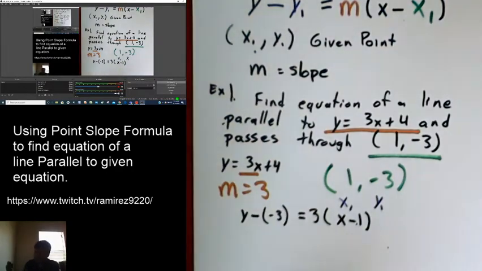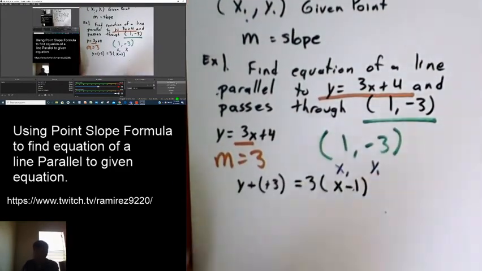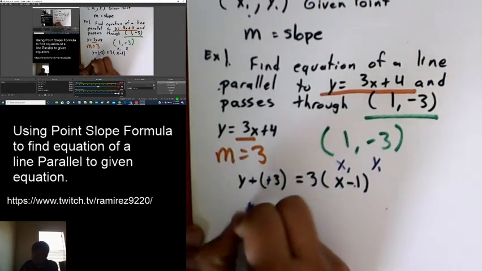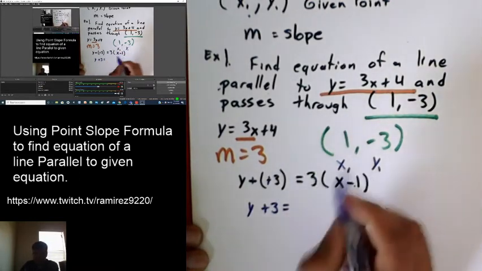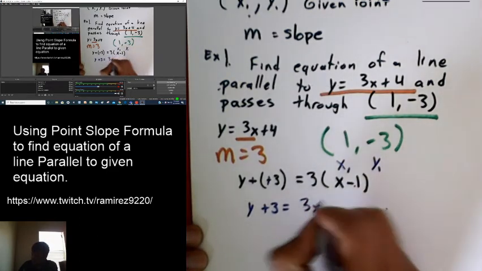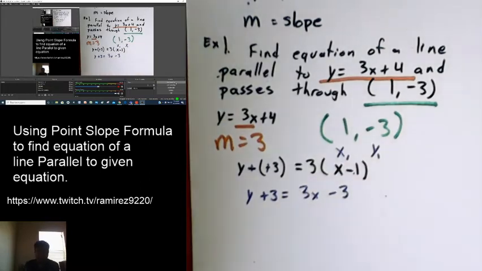Now, if y'all remember here that whenever you have a minus and negative, it just becomes a plus. That saves you time. So we could rewrite this as y plus 3 is equal to, might as well distribute here, 3x minus 3. And then it's all a matter of just solving for y.